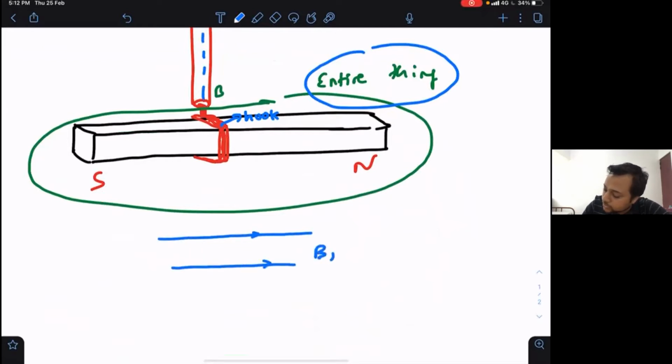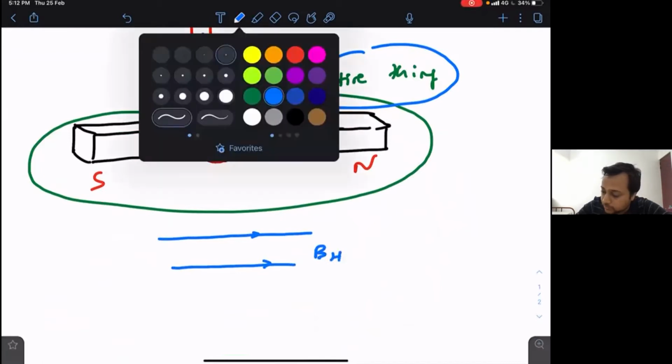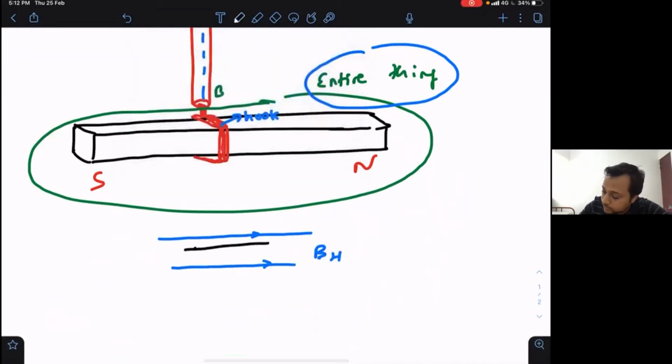If we put a magnet in this, then the north pole will get a force along the magnetic field. The south pole will get a force opposite to the magnetic field. The two forces are of equal magnitude, they cancel out each other, and they don't produce any torque about the suspension point.